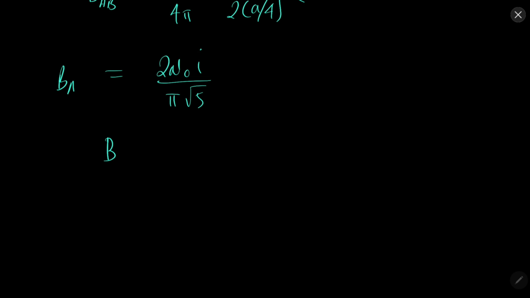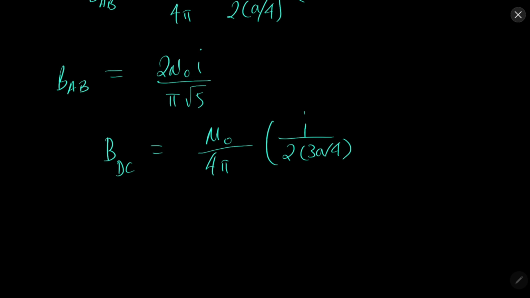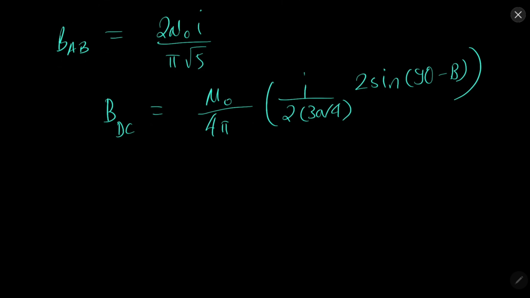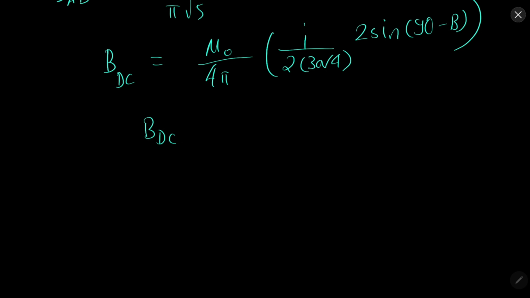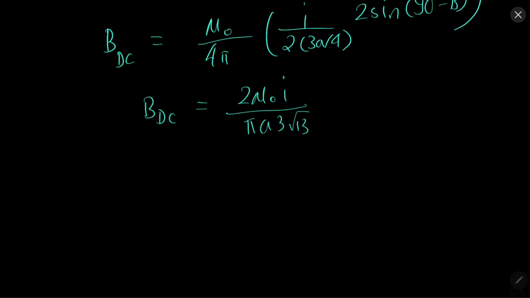Magnetic field due to DC, with 3A by 4, 2 sin 90 minus beta. So from this it will become 2 mu naught I over pi A, 3 root 13.